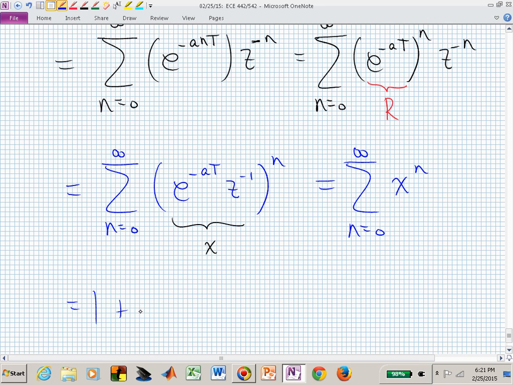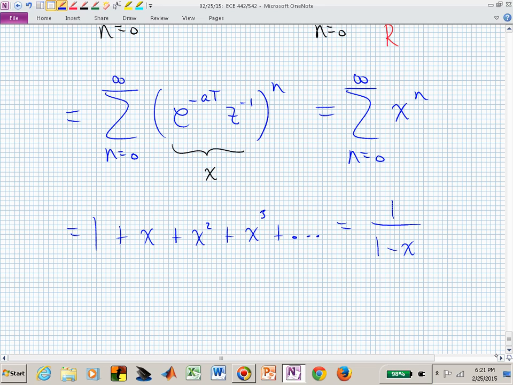And that's just 1 plus x squared plus x cubed, etc. And what does that equal if it's well behaved, or if we have a valid transform? That's 1 over 1 minus x, which we've derived many different times. And for that to equal 1 over 1 minus x, what do we have to have true or holding for x?